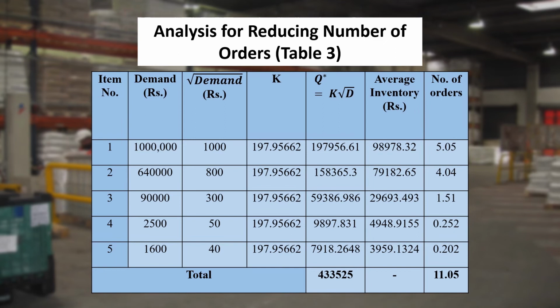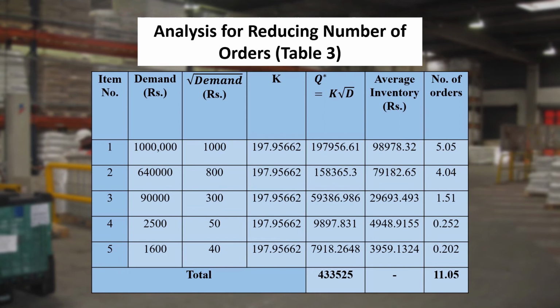And the number of orders you can see here: for the first item it was 5, second was 4, third was 1.5, for the fourth item it was 0.25. So here you can see that the number of orders are varying, and in total it is coming out as 11. In the earlier case, in model 1, you have seen that the total number of orders was 20, that remains 4 per item.